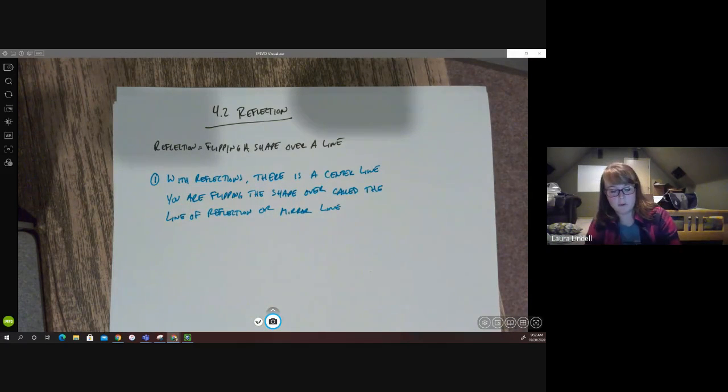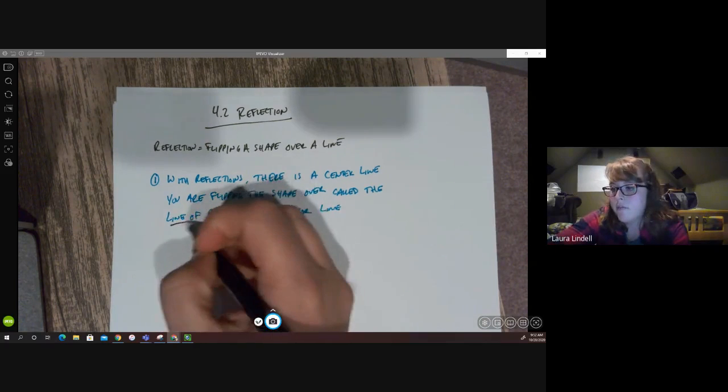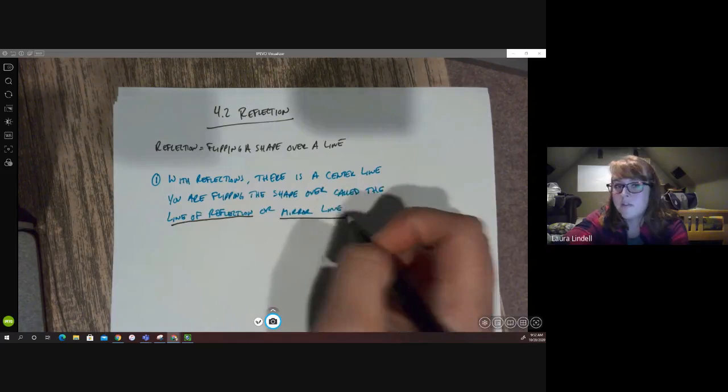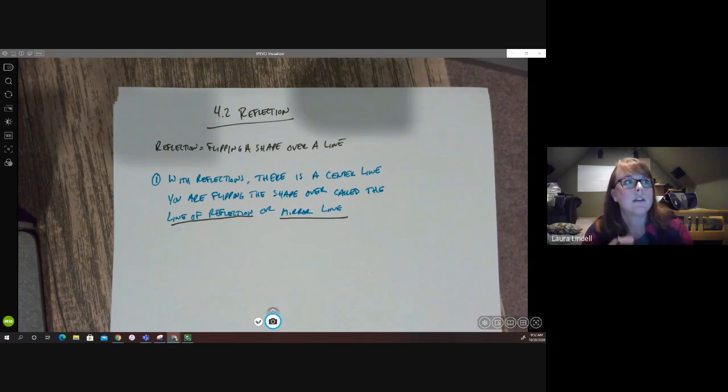Sometimes it's called the mirror line because we are creating mirror images here. So line of reflection or mirror line, and this will be kind of the instructions that we're given. It'll say, reflect the shape over the line x equals 3, or reflect the shape over the line y equals 1, or reflect the shape over the line y equals x. So things like that will be our instructions here.